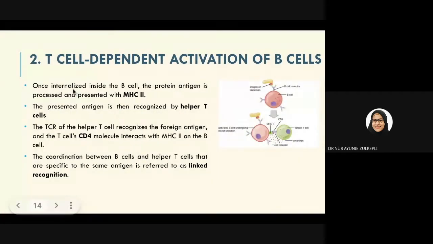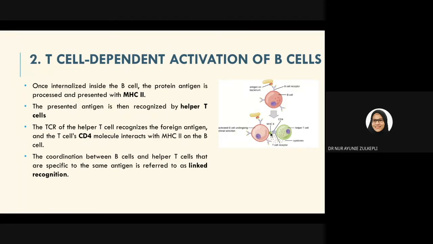Once internalized inside the B cells, the protein antigen is processed and presented with MHC class 2 on its surface. So who recognizes the MHC class 2? It's the T helper, right? Upon recognition of the antigen epitopes on the bacterium, the peptide will be internalized into the cell and make a complex with the MHC class 2.